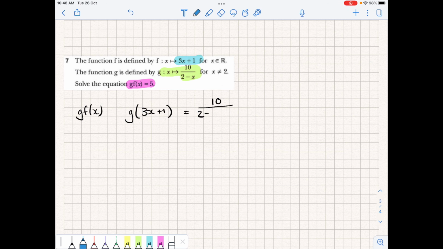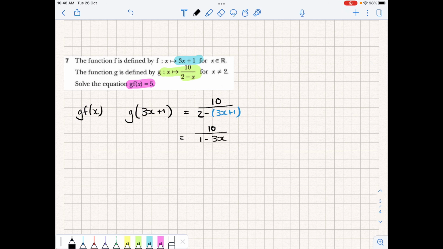Now this is a minus, so just very importantly, always put a bracket when you have a minus sign. 3x plus 1. Okay, let's just simplify the expression. We can get 10 at the top, and at the bottom we're going to get 2 minus 3x minus 1. So we're going to get 1 minus 3x.